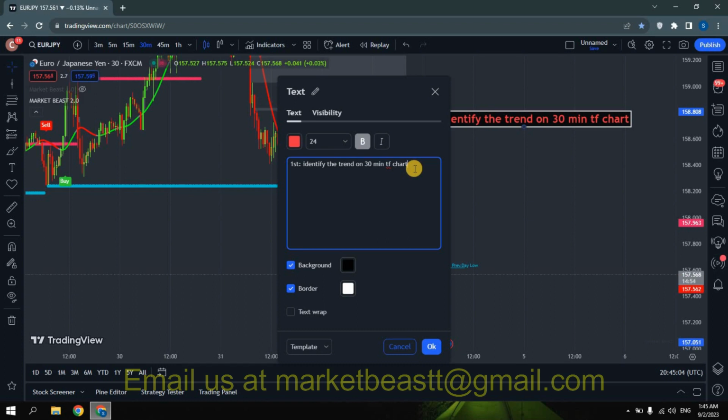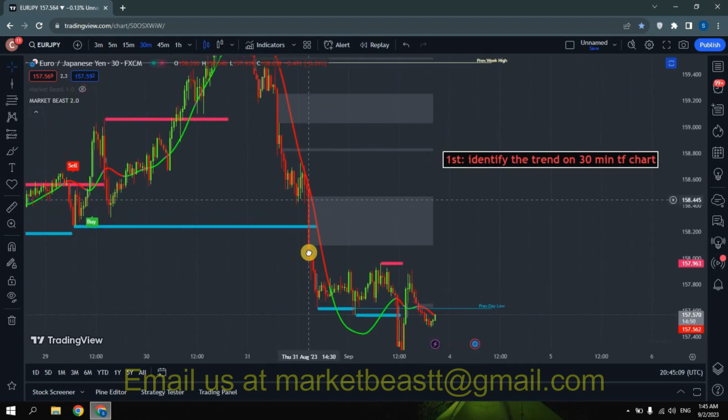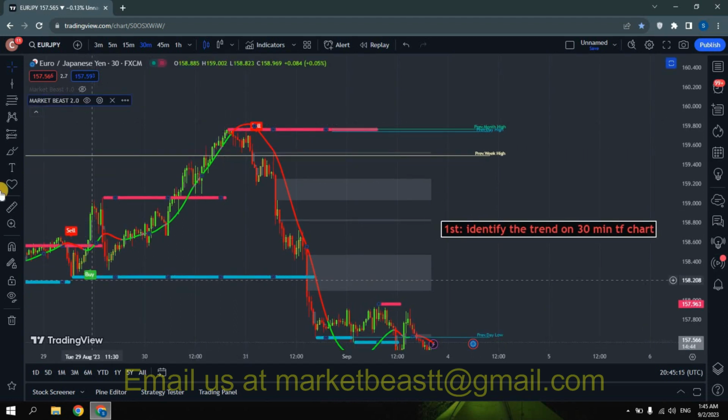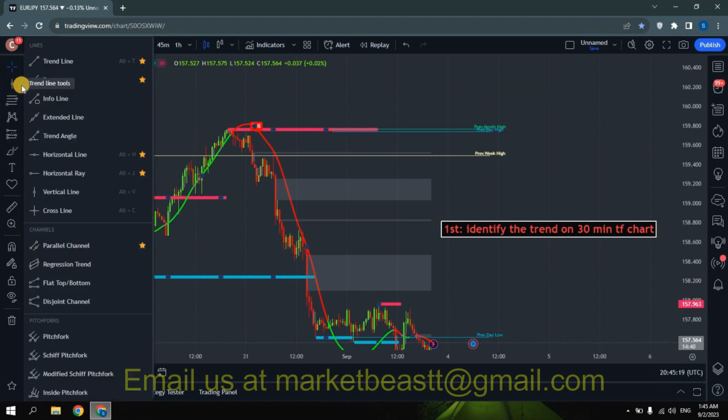So yeah, we are going to check the marks on 30-minute by Market Base 2.0. These are the mark labels we are getting. We will select this vertical line here.